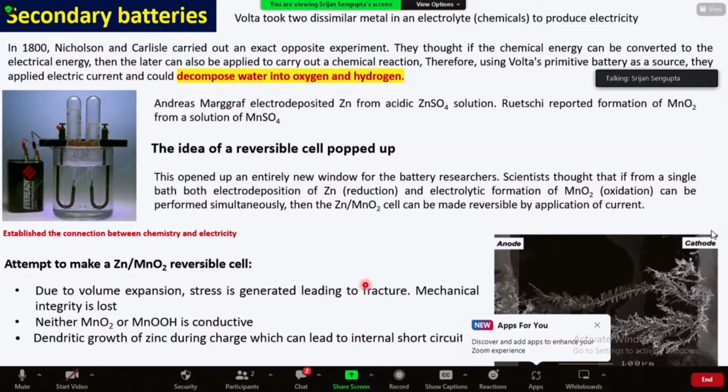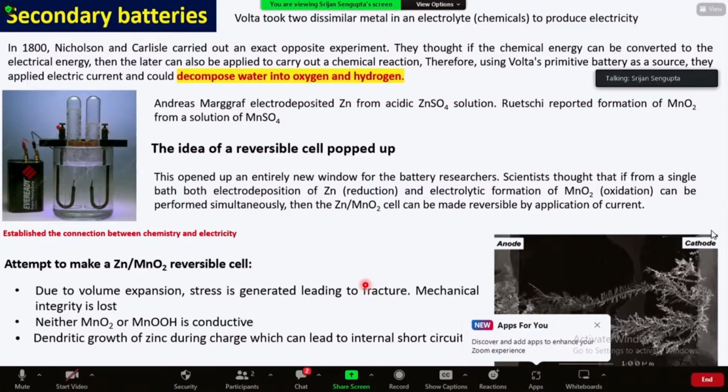This experiment was followed by several other experiments. One was Andreas Margraf. He electrodeposited zinc from an acidic zinc sulfate solution. And there has also been a report of electrolytic oxidation of manganese 2 plus to manganese 4 plus by Ruetschi. These two different experiments led to a conclusion, and the idea of a reversible cell popped up.